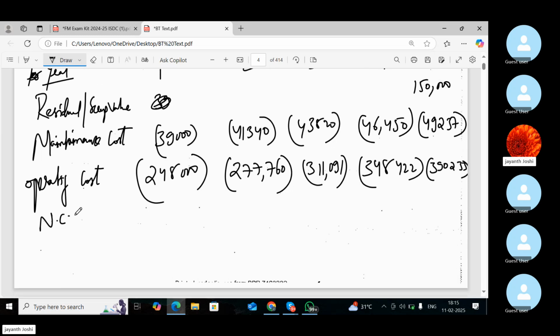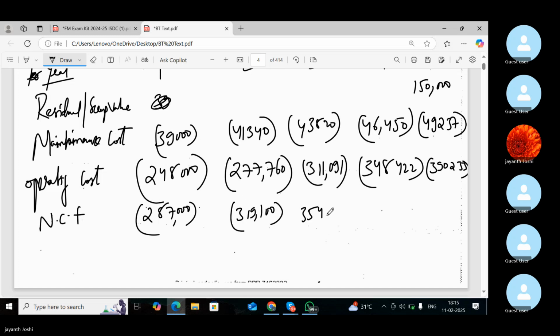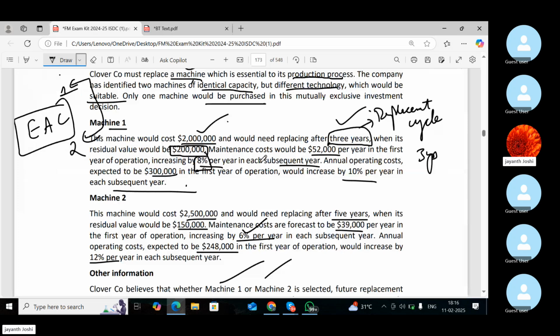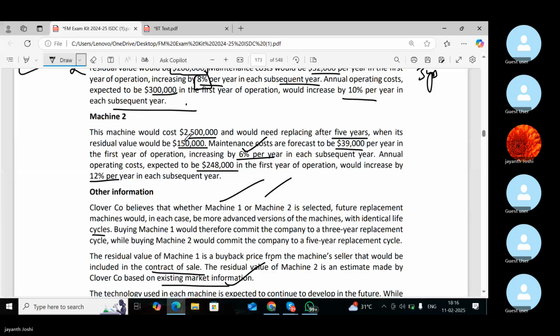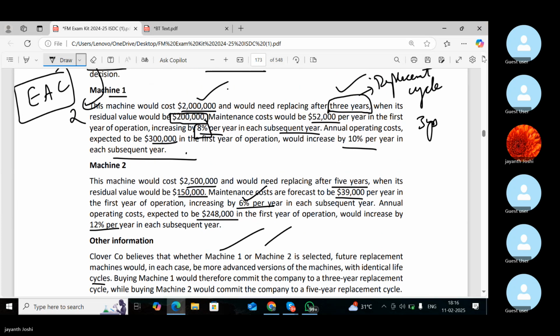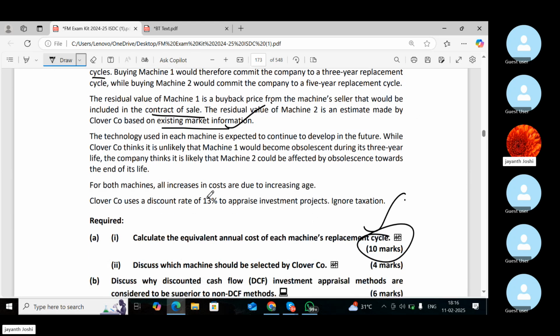Net cash flow. Discount factor is how much for this? Okay, 13%. Sorry.